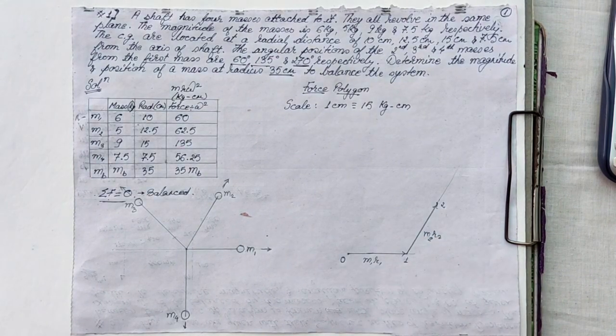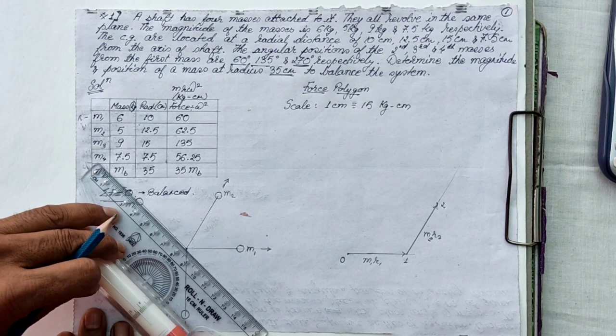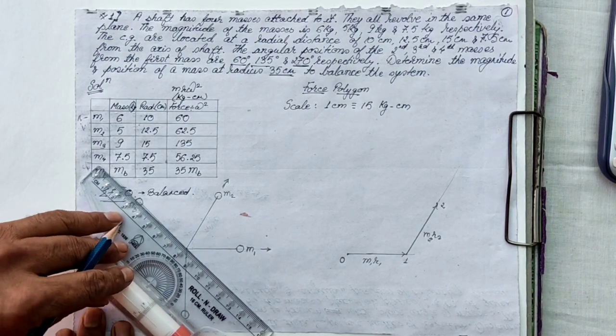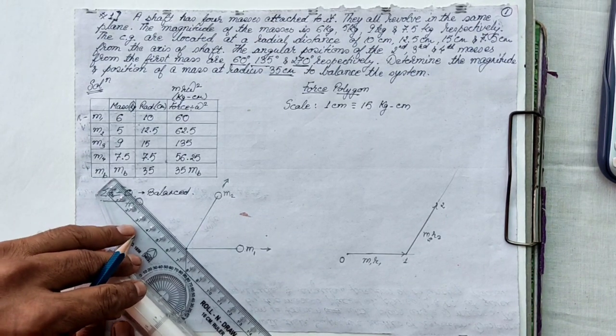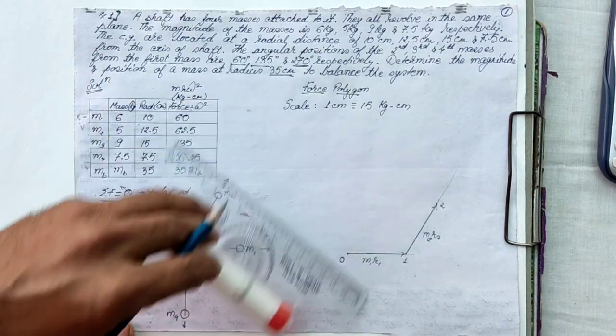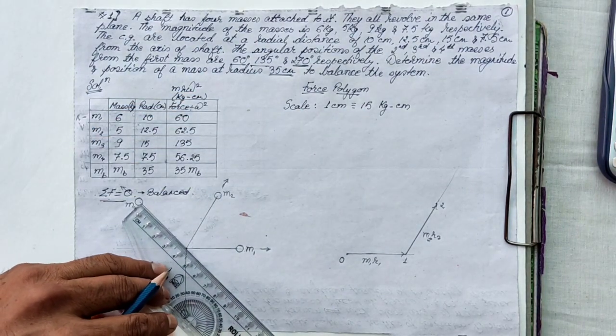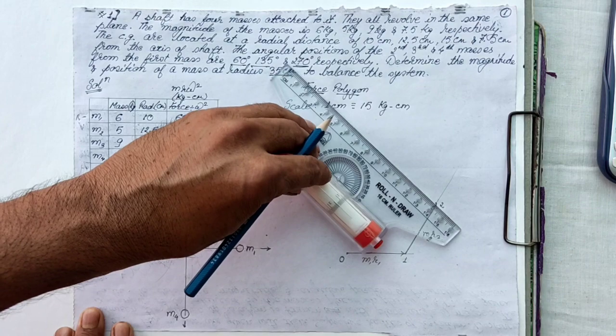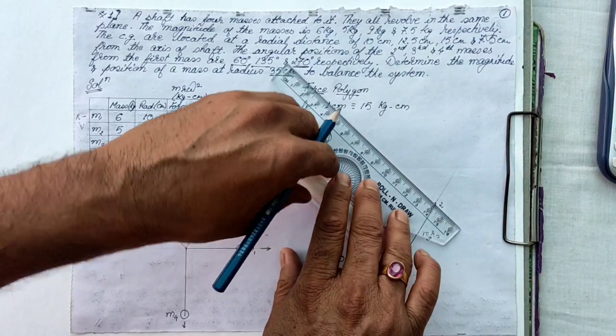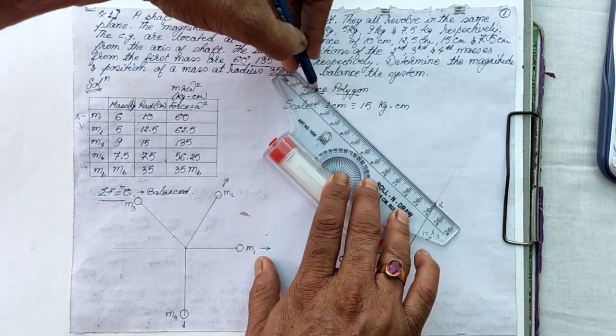The third is in phase with this, so I match the roller scale with the third, roll it to the second pole, and draw this line.